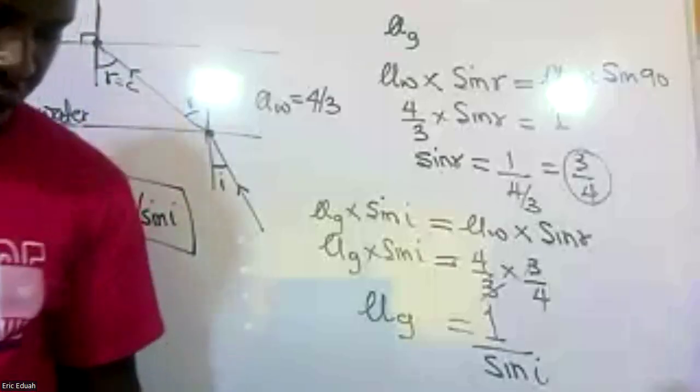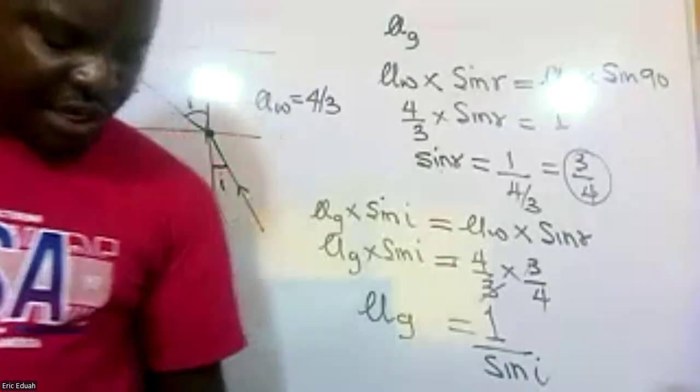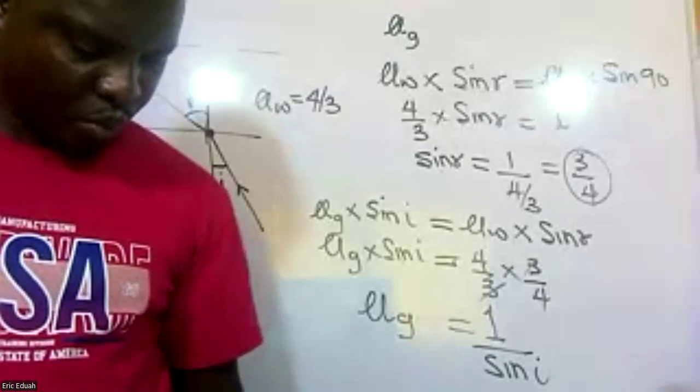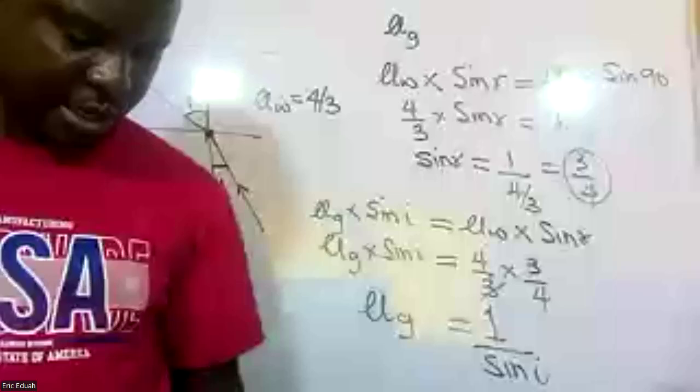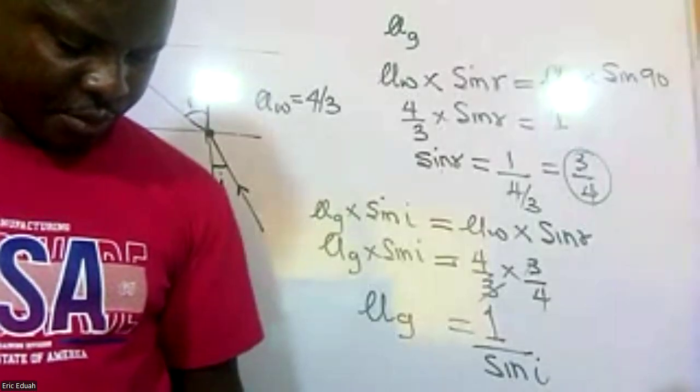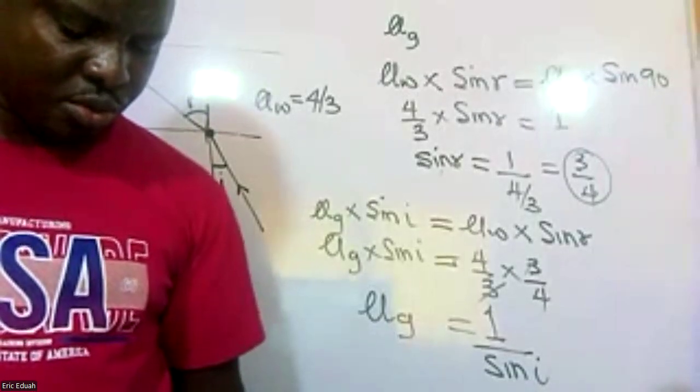Good. So the refractive index of the material of a prism is 1.6 for a certain monochromatic ray.